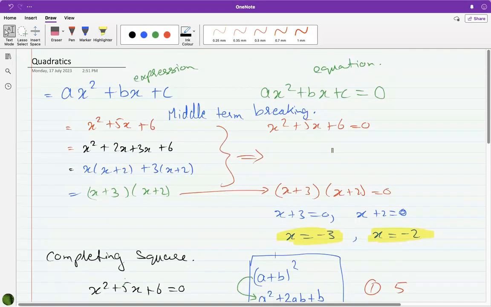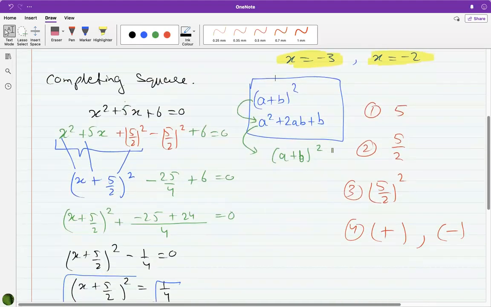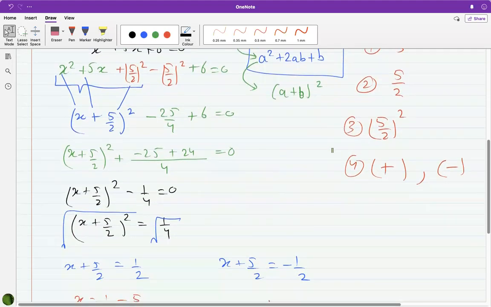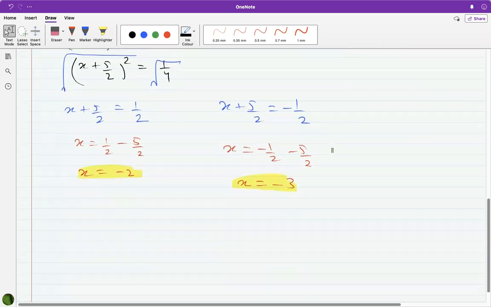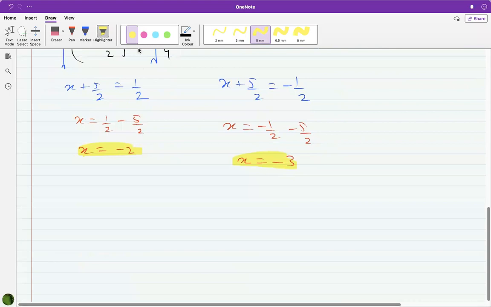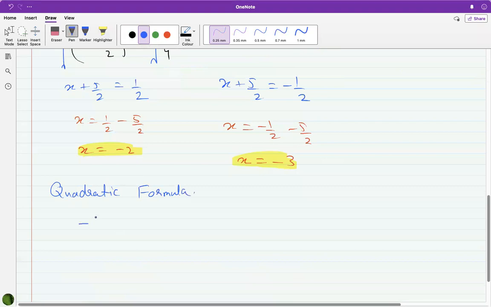This was middle term breaking in O-levels, completing square in O-levels. We will be using this completing square in A-level to a much greater extent. And the third form is the quadratic formula, which was minus b plus minus square root b square minus 4ac over 2a.